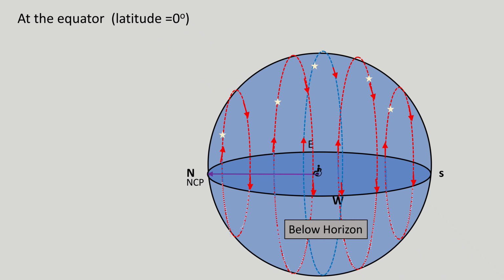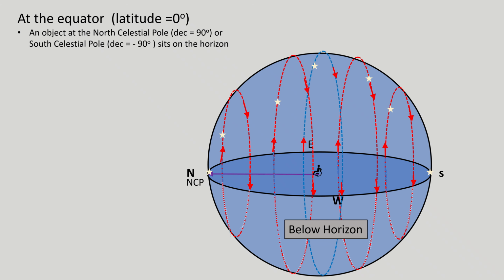An observer at the equator will see anything at the North Celestial Pole, or indeed the South Celestial Pole, completely stationary, sitting on the horizon, neither rising nor setting. Every other object rises in the east and sets in the west, as you can see by the red dotted lines.